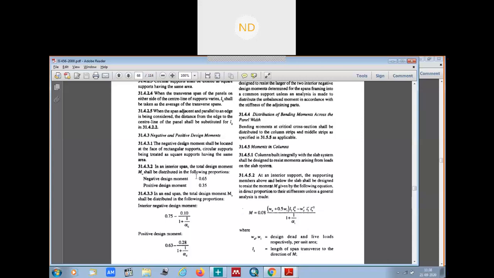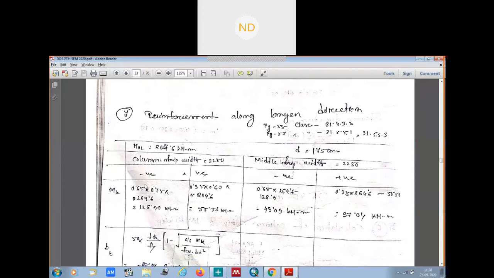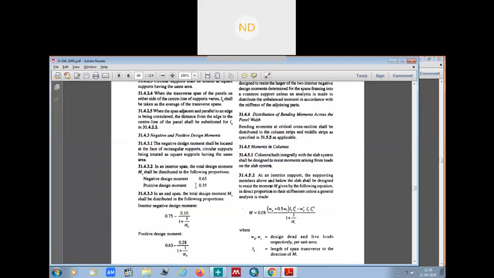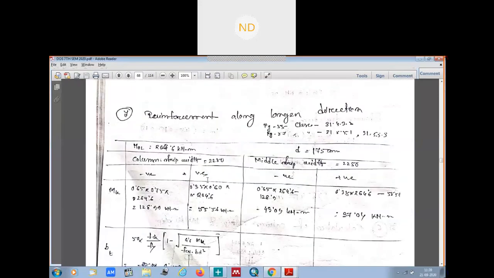Okay, so this much negative moment is to be distributed. So we have multiplied the overall design moment which we have calculated for the longer span by 0.65 for the negative moment, because 0.65 of the moment is to be distributed as negative moment.